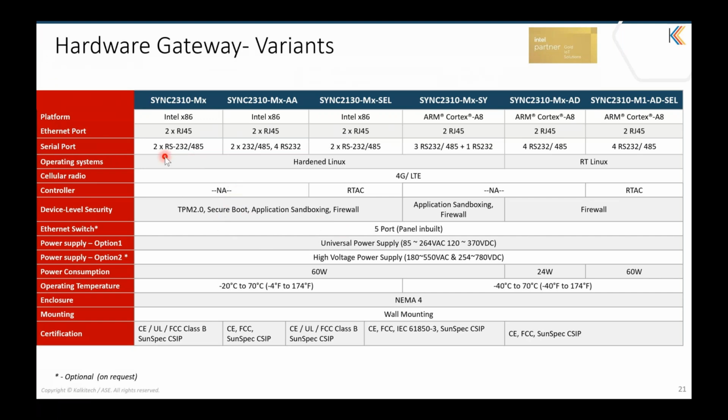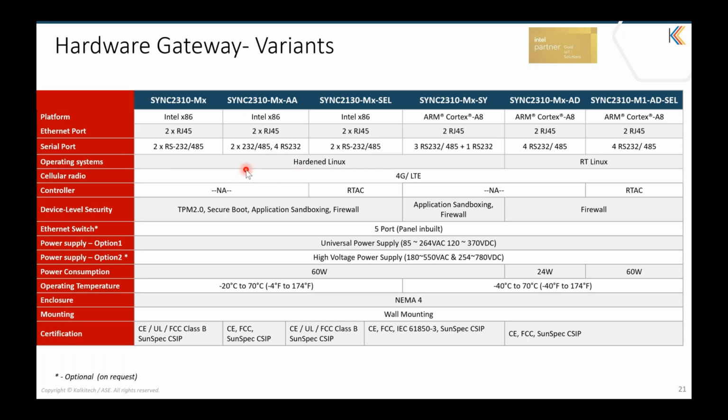And there are inbuilt serial ports depending upon the model. There are different combinations: two serial ports with RS-232/485, and six serial port options, four serial port options also available. And the different hardware has different levels of security.